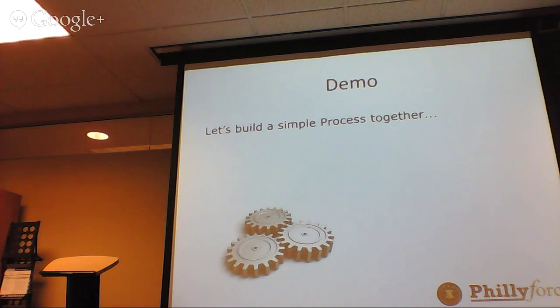Visual workflow is, I would almost call it a predecessor to Process Builder. It's a way to build out maybe like a wizard type thing where you can take the user through different screens or different steps in a process.